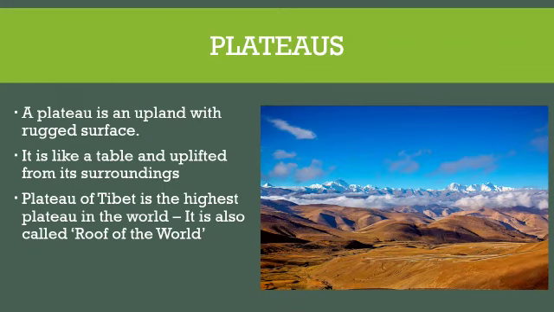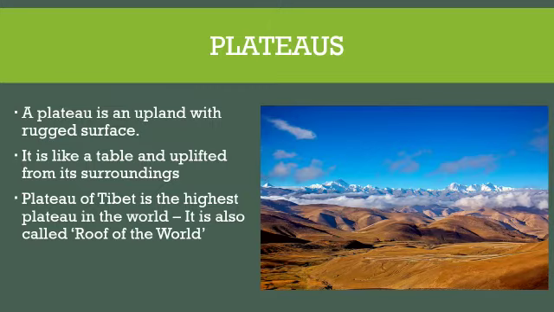The second relief or landform is the plateau. A plateau is an upland with a rugged surface. Or I can give an example to the students. Mountains are very high areas of the earth, and plains are flat land.